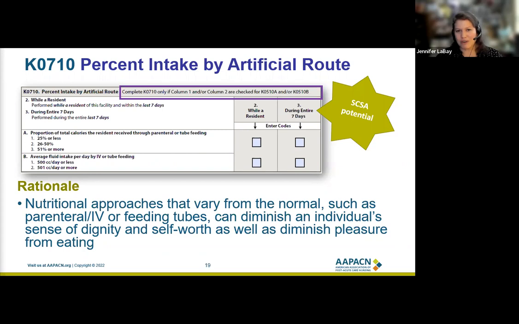Then you need to look around and say, oh, well, there's this, plus they've got a skin breakdown now. That could impact it: just one stage 2 pressure ulcer, and now their caloric intake from the tube feed has gone up a little bit. That's certainly enough for a significant change right there.